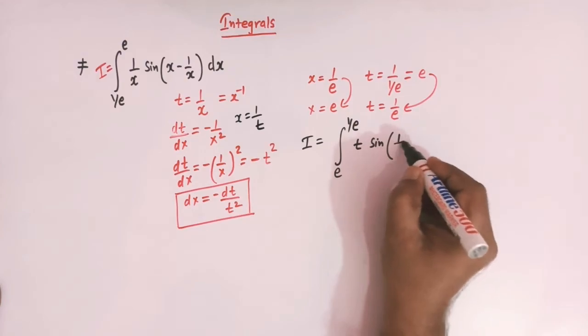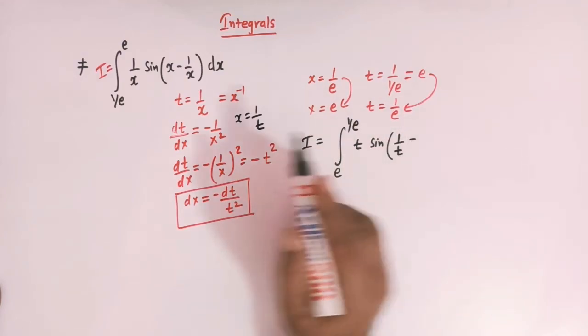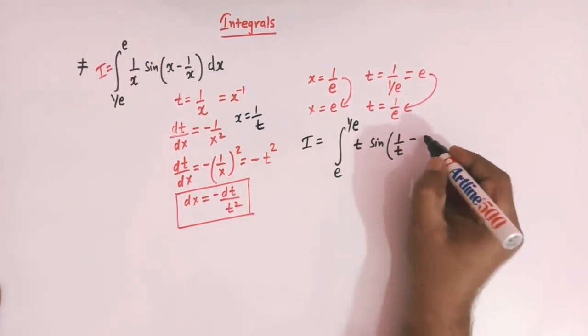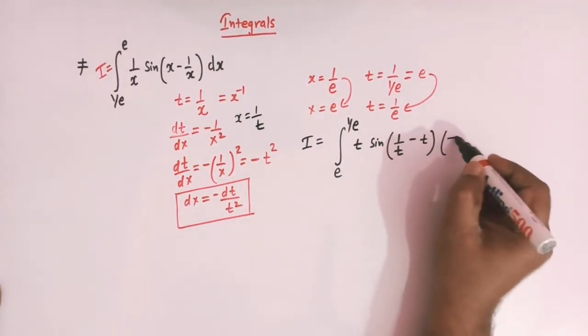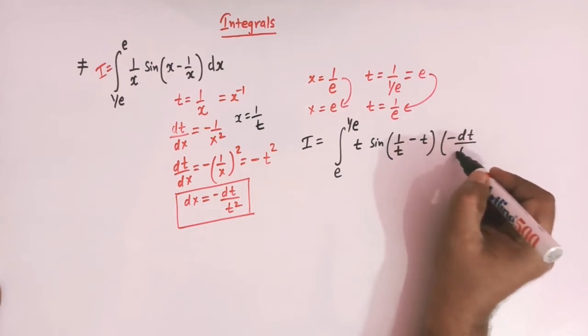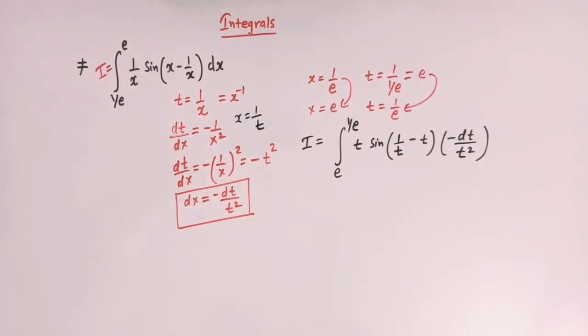So we have sine (1 over t minus t), and for dx we can write minus dt over t square.